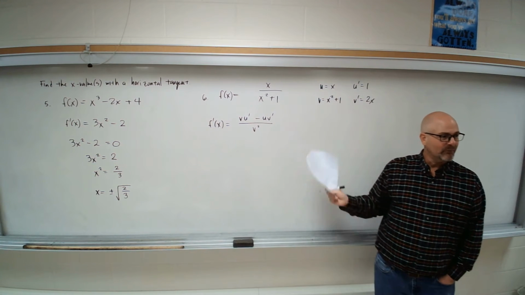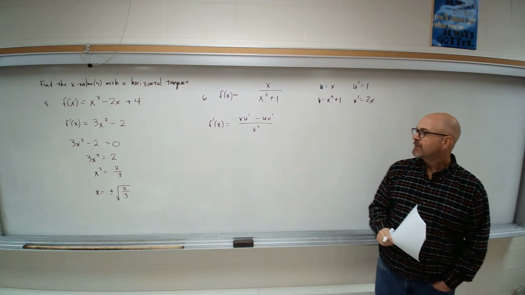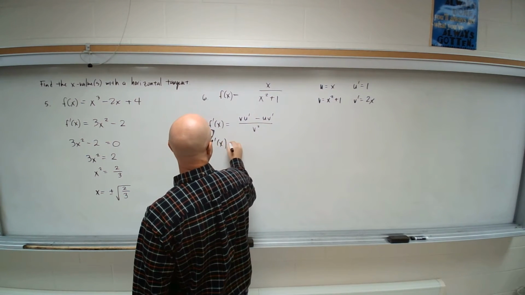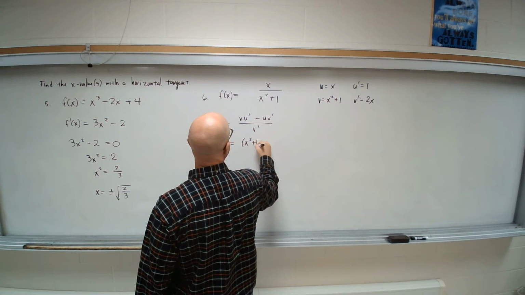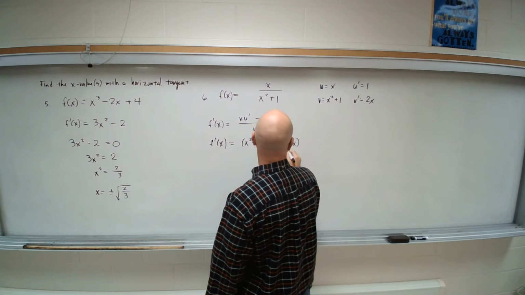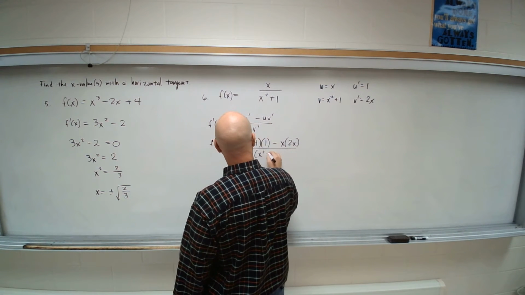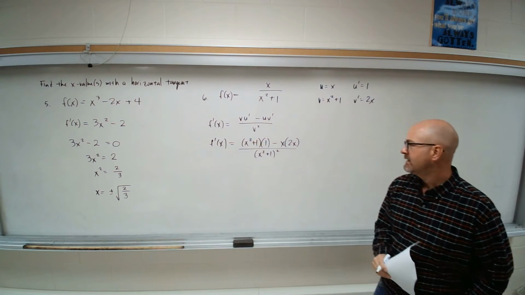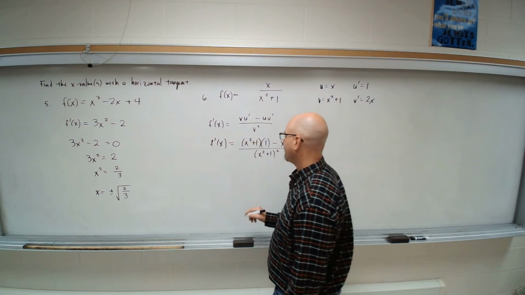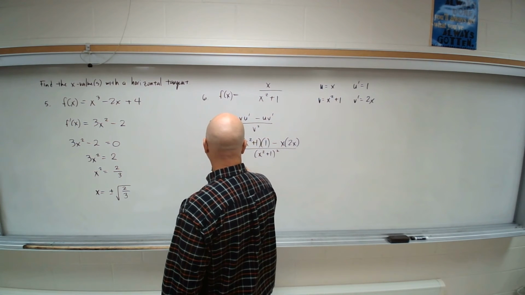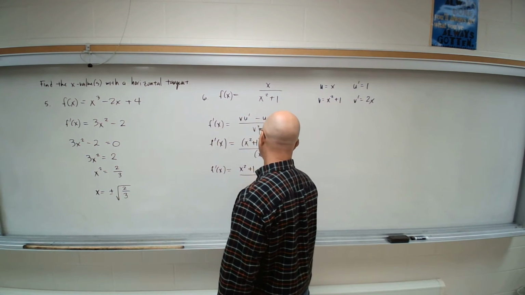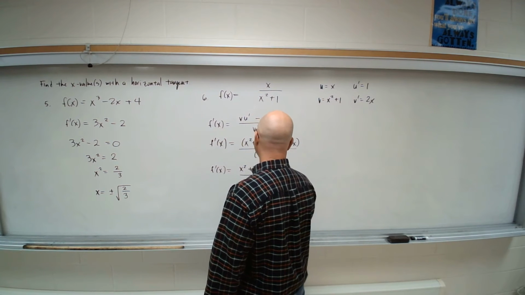But if you're at all having trouble with them, it's really useful to write your little pieces out first. So from here, f prime of x will be x squared plus 1 times 1 minus x times 2x over x squared plus 1 squared. As we clean this up, we get x squared plus 1 minus 2x squared over x squared plus 1 squared.